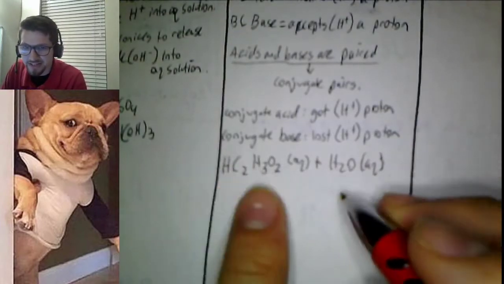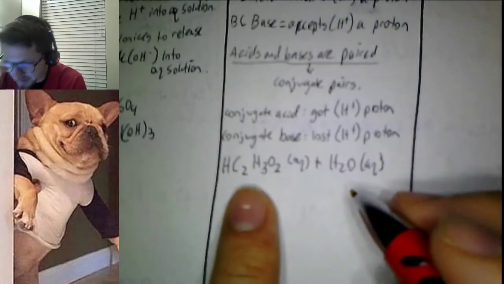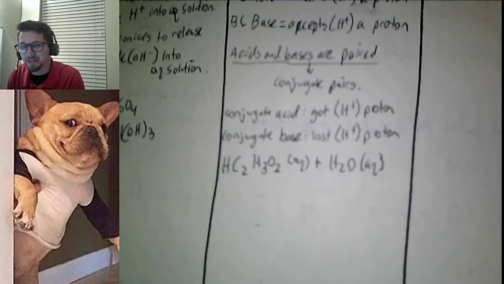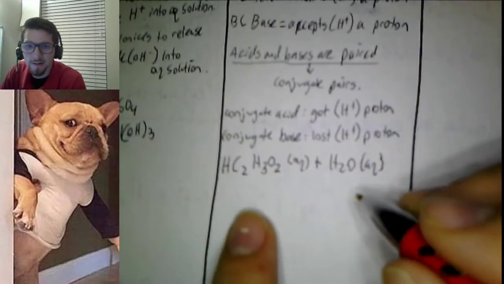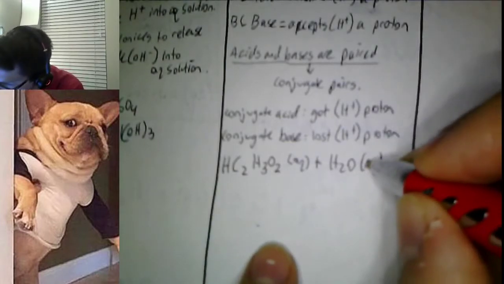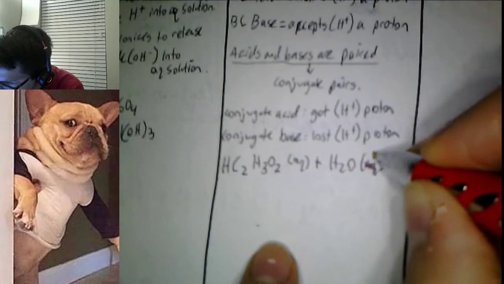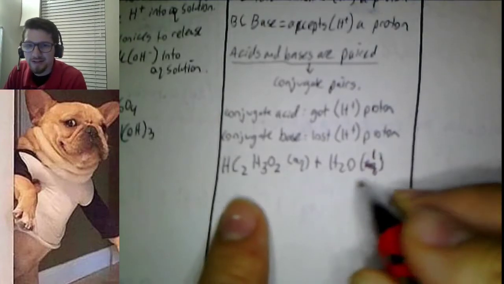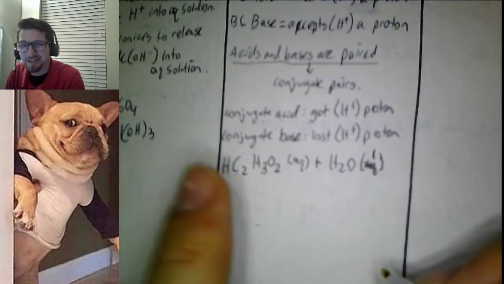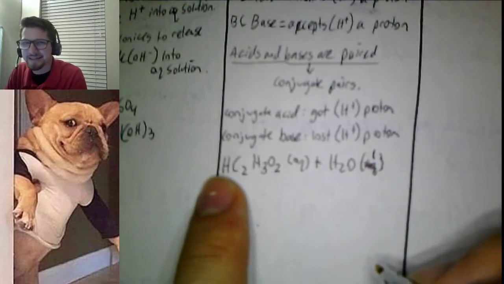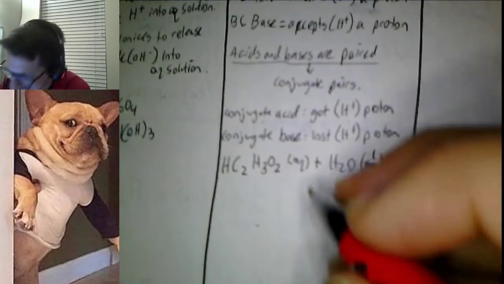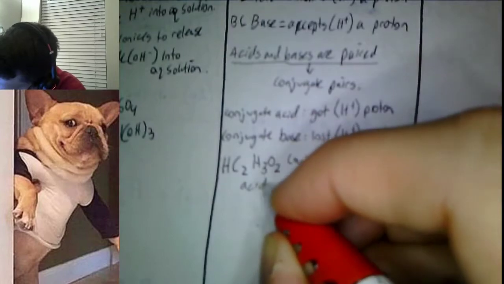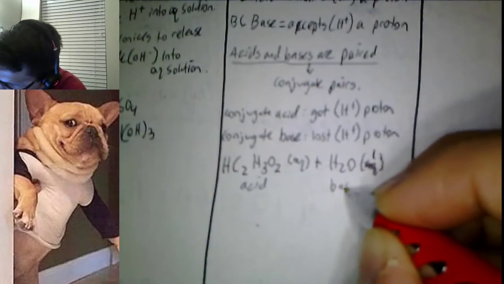Okay, so these two things are being combined. Which one do you think's the acid and which one do you think's the base? Well, already, I'm sorry, this is supposed to be L. So already I can tell you that this has an H out front. That H is just asking to get taken. So this one's going to be the acid, and this one's going to be the base.